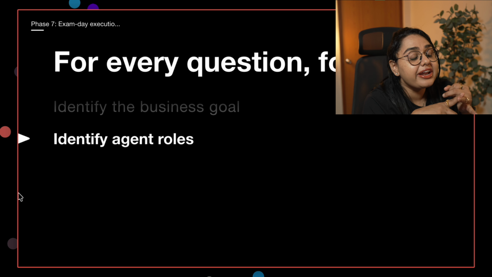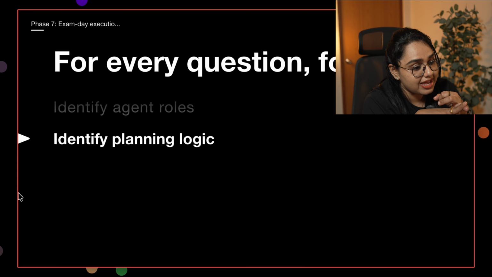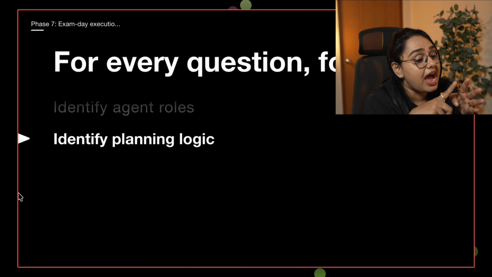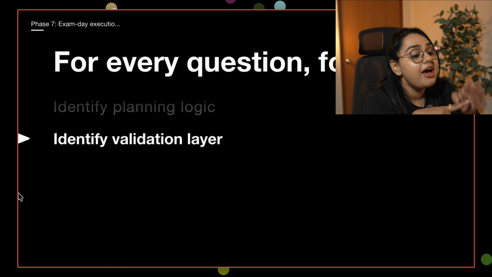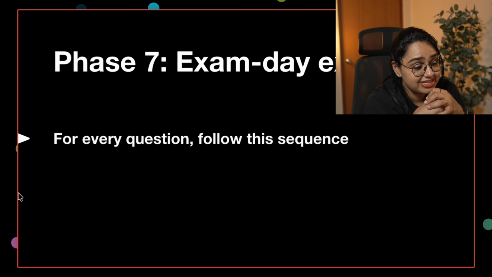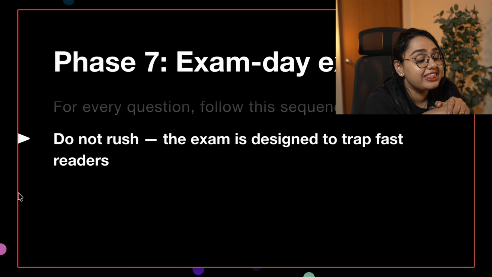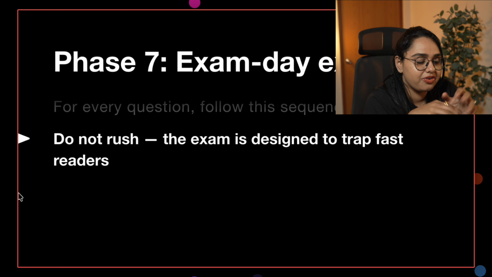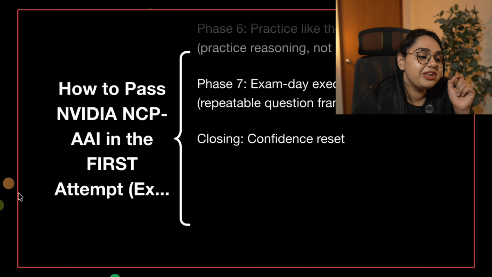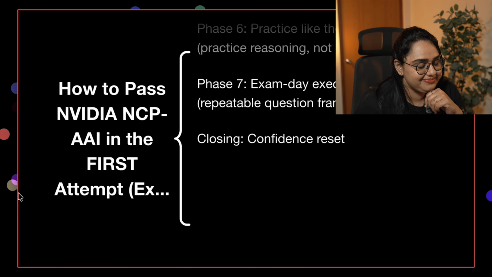Next is identify the agent roles, and then comes identifying the planning logic, then identifying the validation layer, and then eliminate the unsafe or uncontrolled options. So, guys, please do not rush. The exam is designed to trap fast readers. Yes, remember this. This examination is actually designed to trap the fast readers.